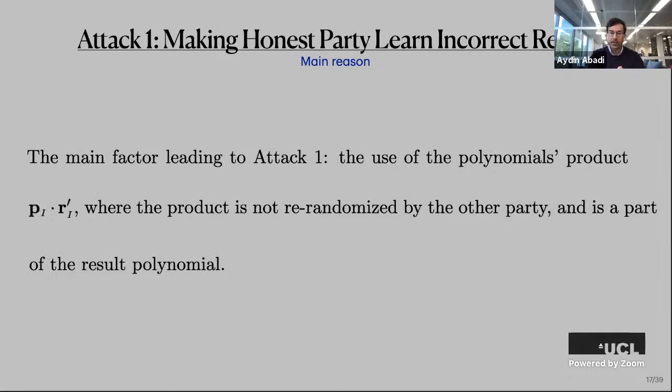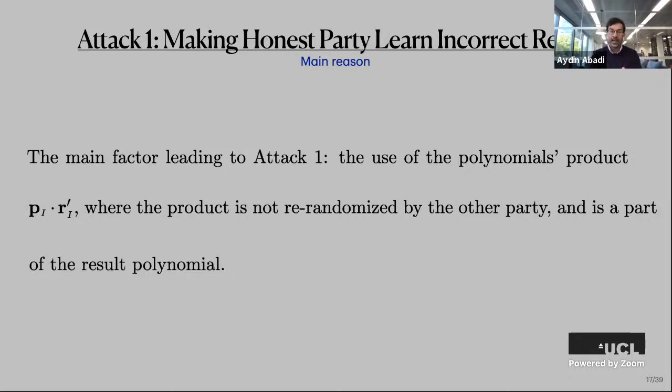So the question is, what makes attack 1 possible? There's a flaw in the PSI's design. The flaw is that the protocol allows each party to include the product of two polynomials in the final result, where this product, the product of two polynomials, is never randomized by the other party.